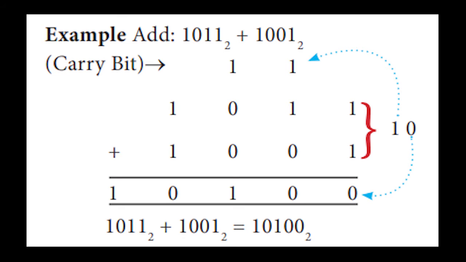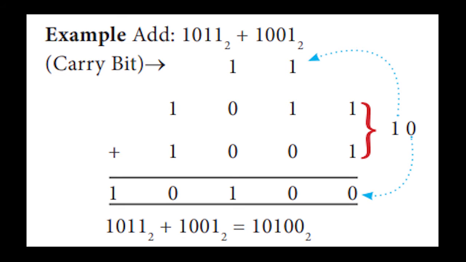At the right end we have 1 and 1, right? 1 plus 1 is 10, so we'll put 0 down and 1 as a carry. We'll mention it on top as the carry for the previous column, right? There we'll add the 1, that is the carry, and put 0 down.